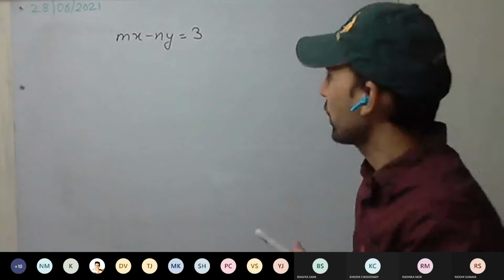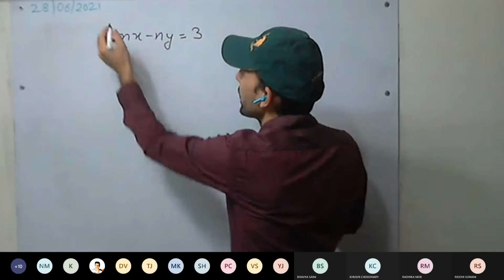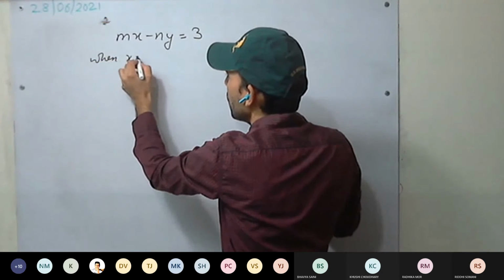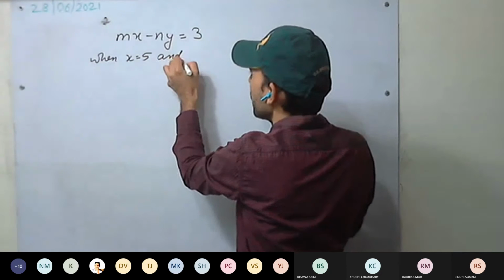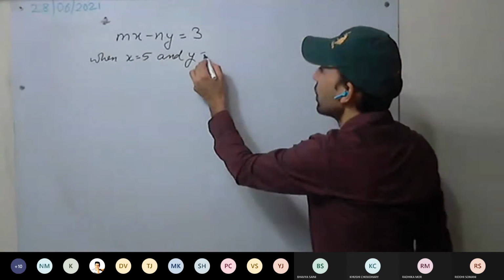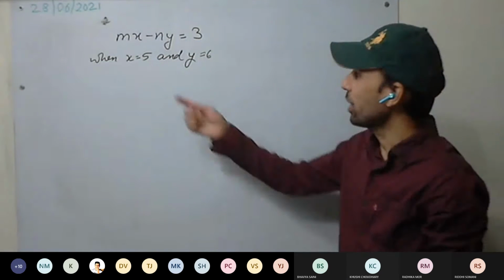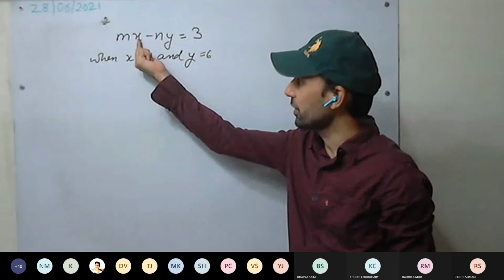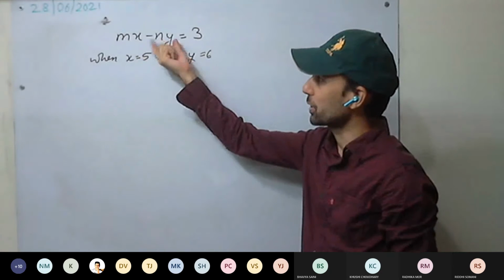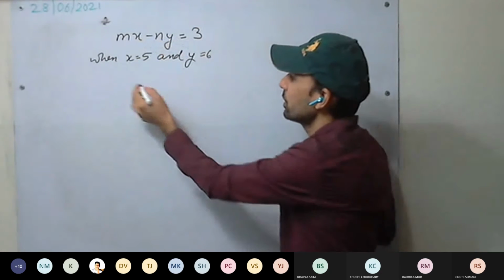It means when we are putting x equal to 5 and y equal to 6 in this expression, its value is 3.